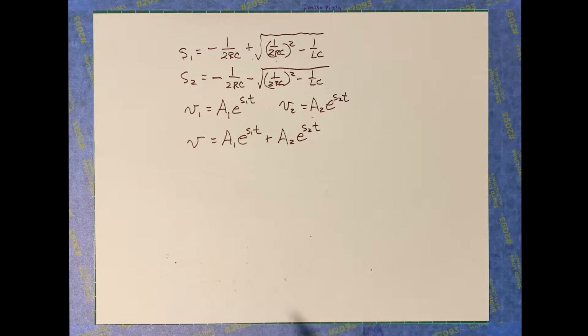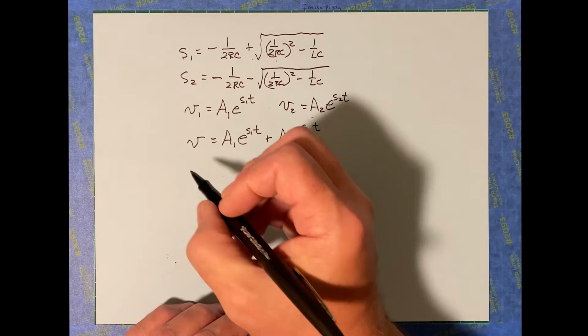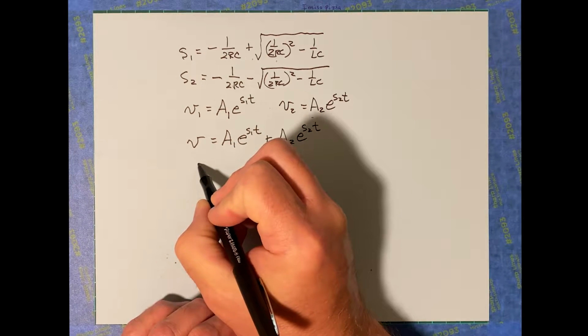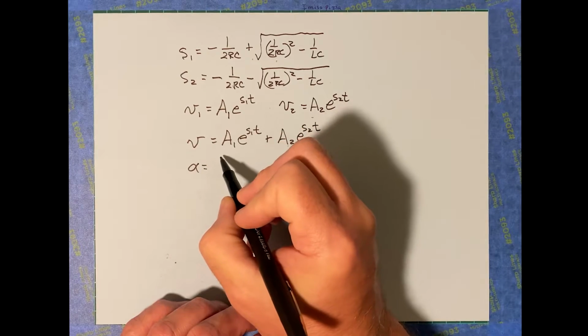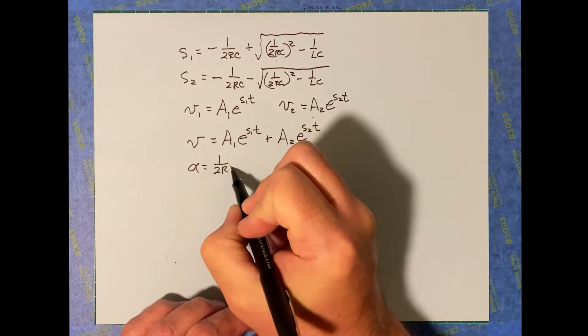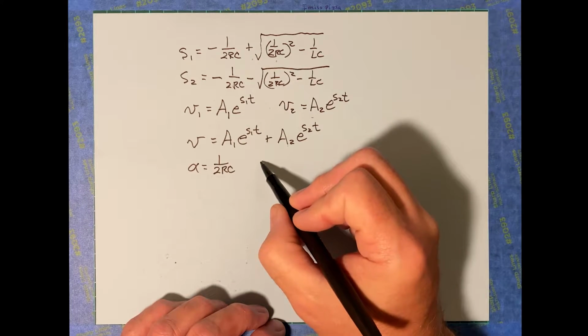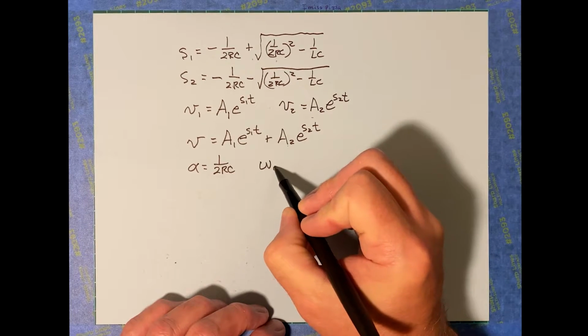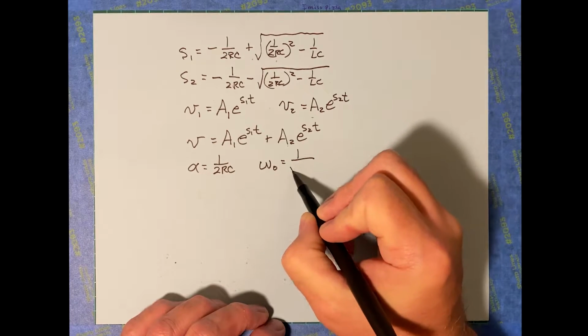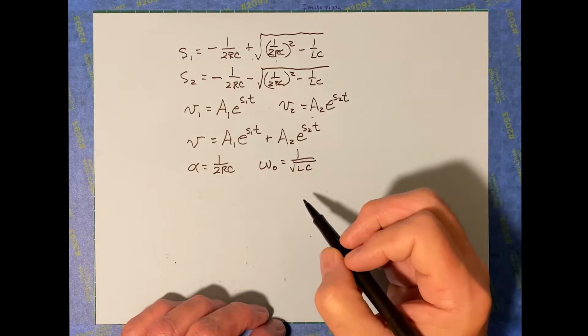All right, now we're going to make some substitutions just to get it in the form that we want. Let alpha equal 1 over 2RC, the term that's inside the parenthesis there. And omega naught is equal to 1 over the square root of LC.